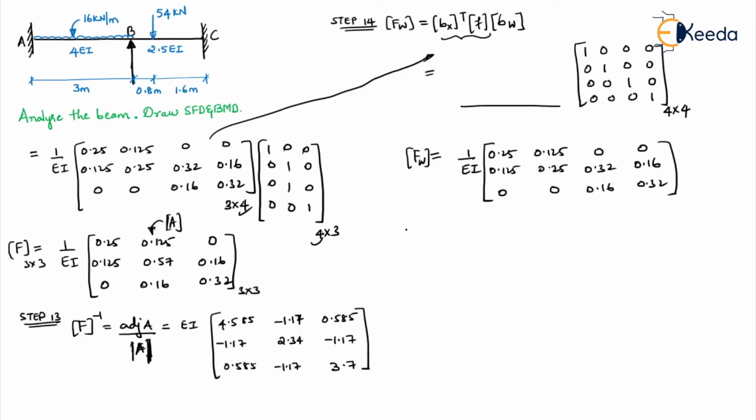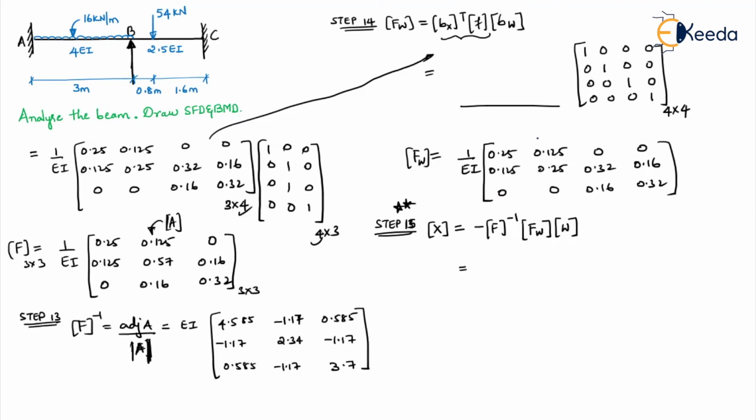So once you're done with your FW matrix, what is the next step you'll do? Step 15. This is again an important step, that is you're finding the redundant X. So that's minus F inverse into FW into W. Okay.